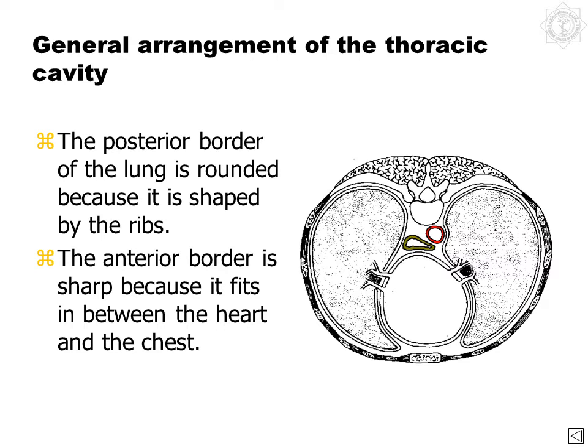Now, general arrangement of the thoracic cavity. The posterior border of the lung is rounded because it is shaped by the ribs. The anterior border of the lung is sharp because it fits in between the heart and the chest wall.